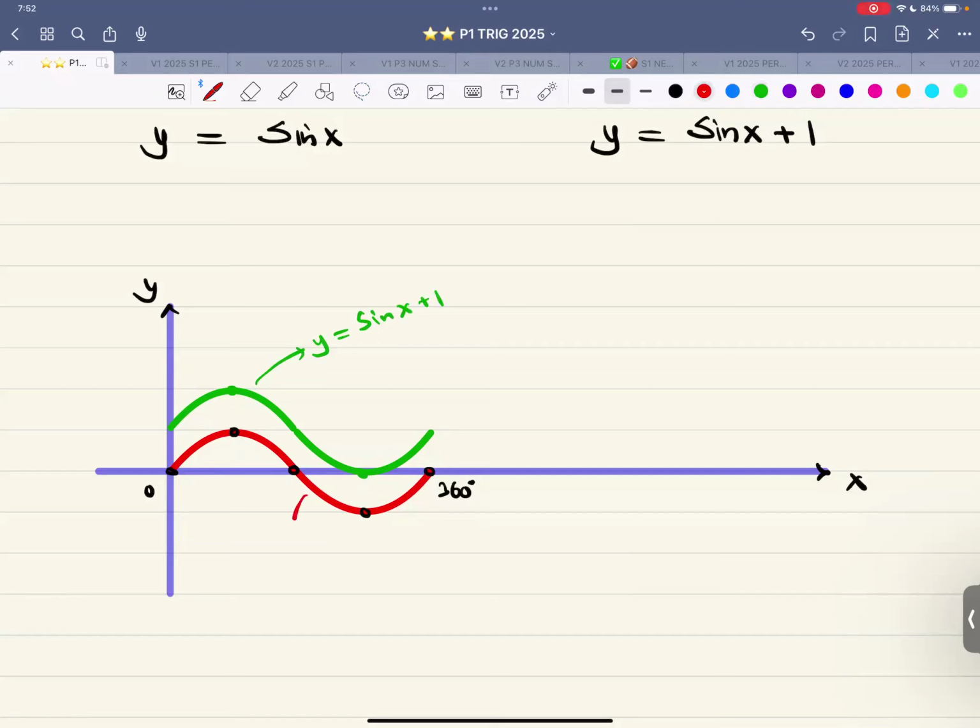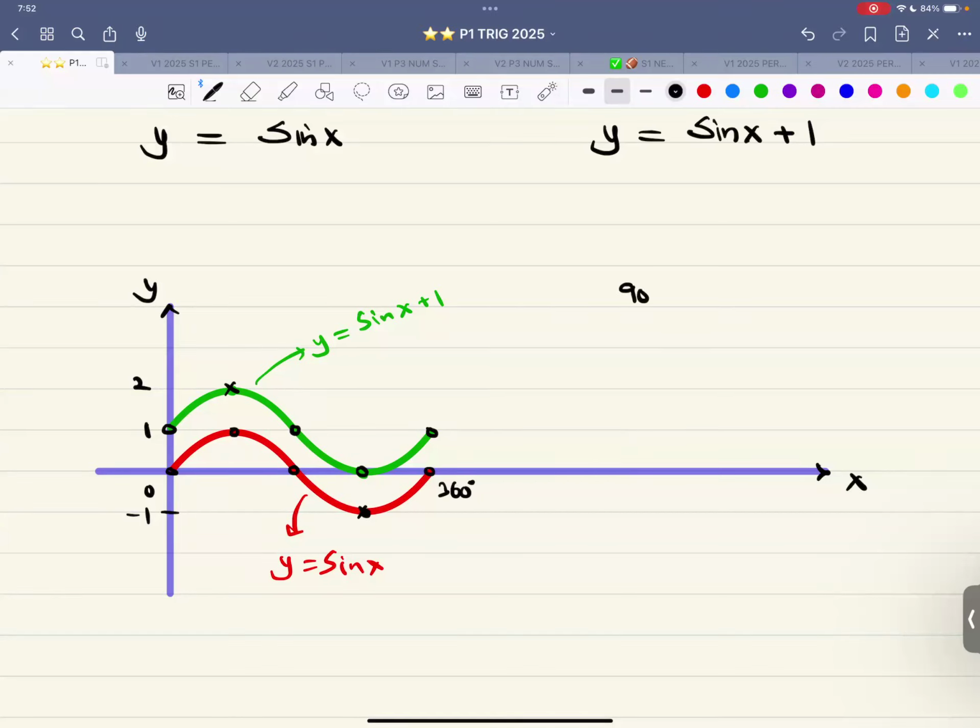This reddish one is y equals sine x. Look at the 5 major points. This point has been raised up by 1 unit, the y coordinate. Then 1 becomes a 2, and then -1 becomes a 0. So that is how the translation is taking place.